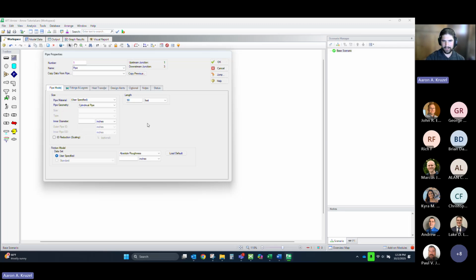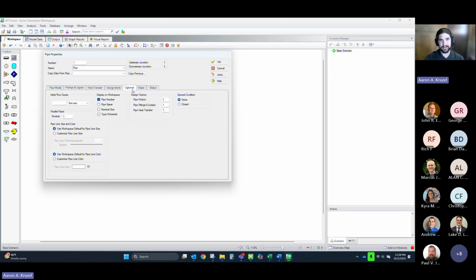Hopefully that answers your question. You can also adjust the absolute roughness of the pipe. It has some decent presets, but if you know this piping is a little rougher than what the model is showing for friction loss, you can account for that.